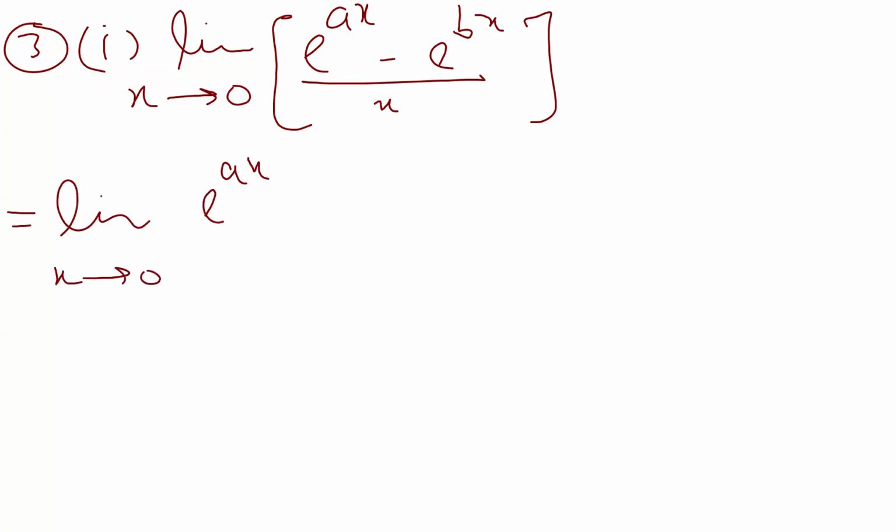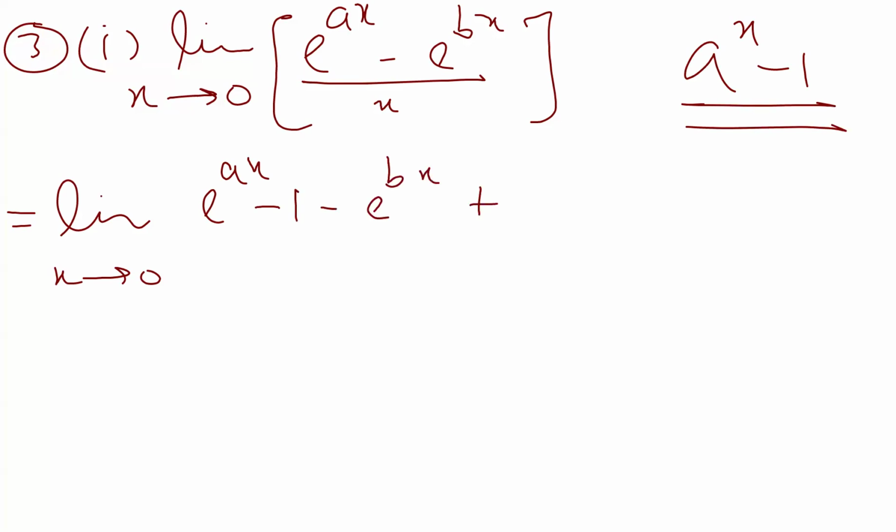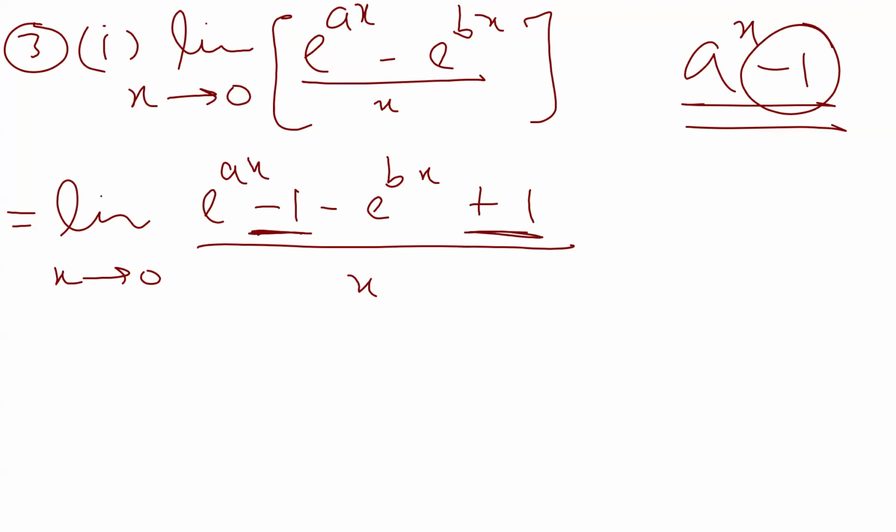Now we don't have the format. The format is a raised to x minus 1, so minus 1 is not there only in this. So I'll subtract 1 and I will add 1. To get -1, I'm subtracting 1 and adding 1.